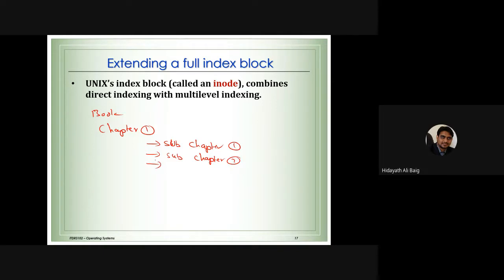In the chapter we have sub-chapters, and maybe topic 1, topic 2, topic 3.